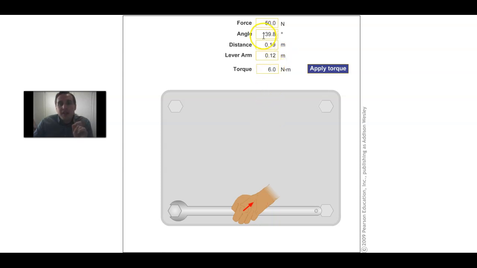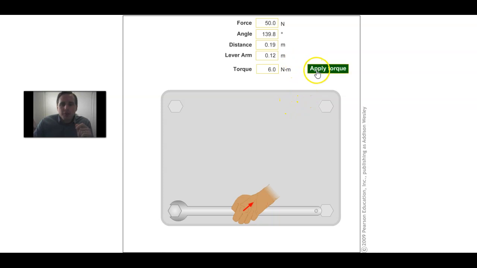In fact, if this was sine of 180 degrees or sine of 0 degrees, it'd be 0. Because if I try to pull this wrench or push this wrench parallel or anti-parallel along or against this direction, there'd be clearly no rotation. There'd be absolutely zero torque. And that'd be a silly thing to do, because we're trying to rotate this bolt. We're not trying to move it linearly. So the sine of the angle makes a big difference.